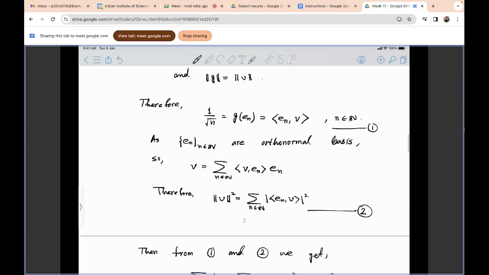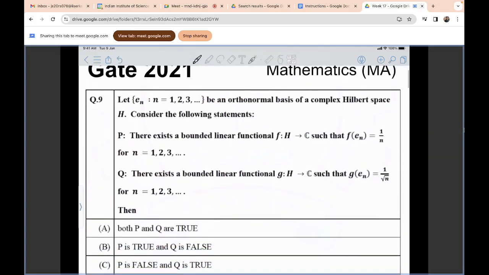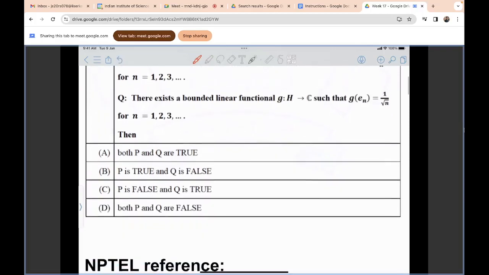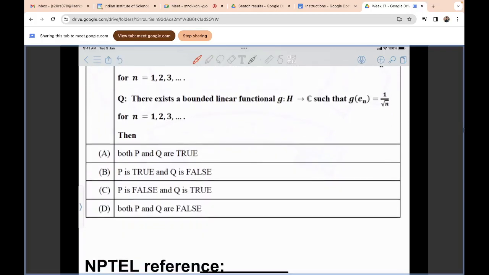Okay. So then which option is correct? We have got that p is true and q is false. So option B is the correct option.